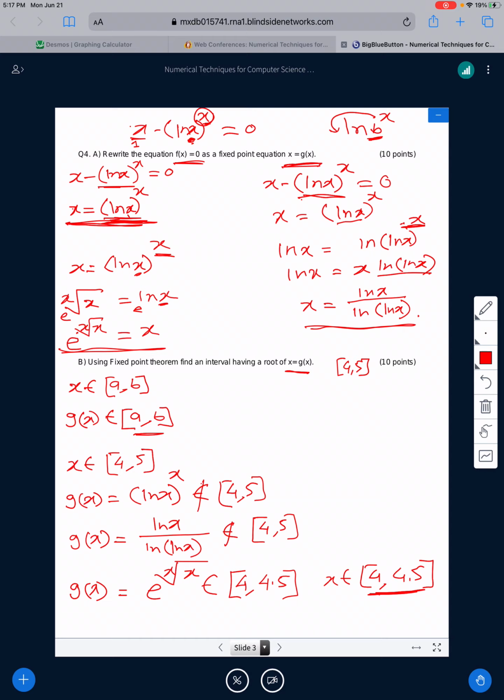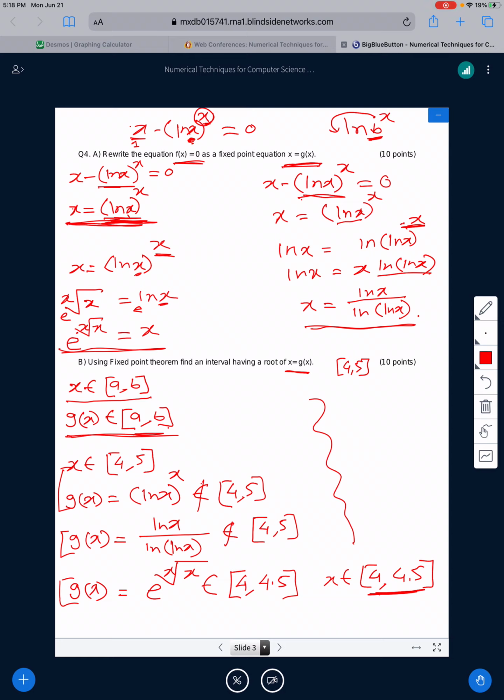So this is how you need to figure out which one is working, which one is not. If you take x from an interval, then your g of x needs to be in the same interval. Then you can find a root in the interval a to b. Okay, so we worked with the first function, it did not work. We worked with the second function, it did not work. We worked with the third function, it did work.